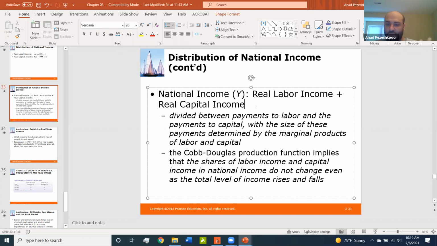This is a combination of both. Your labor income is your wages from where you work, and your capital income is your return from investing your capital in some business, that plot of land that you farm. Put them all together, you'll have national income, the entire total income of a nation.